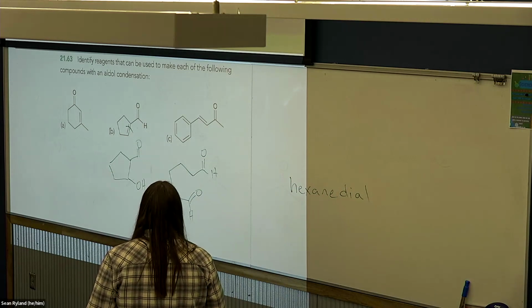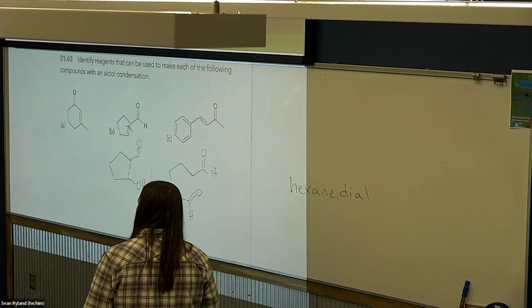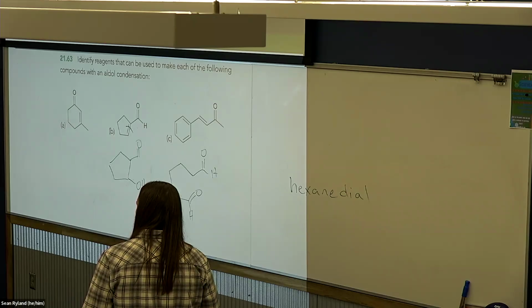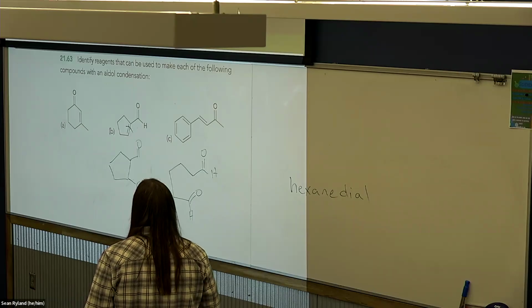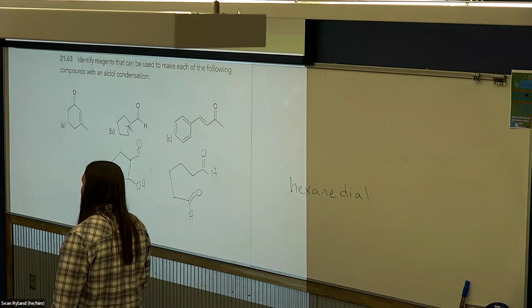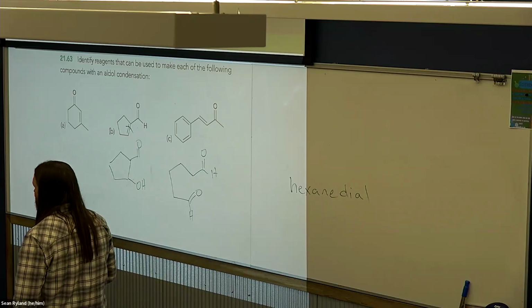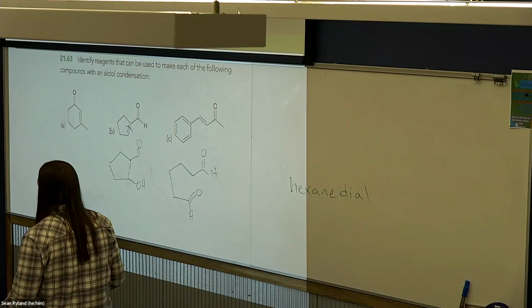Do we need to specify any numbers for hexane diol? I feel like we should. Is there any other way you could have two aldehydes? Oh, because they have to be on the ends.